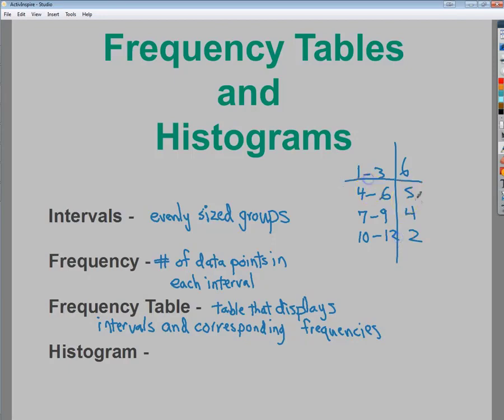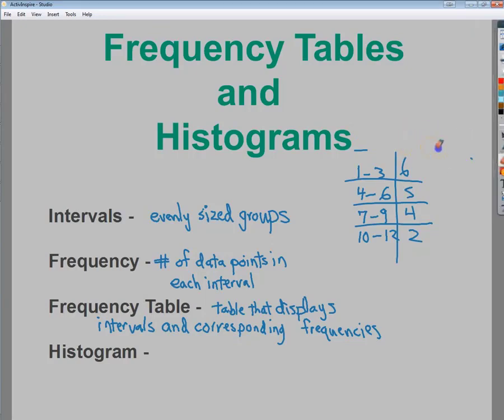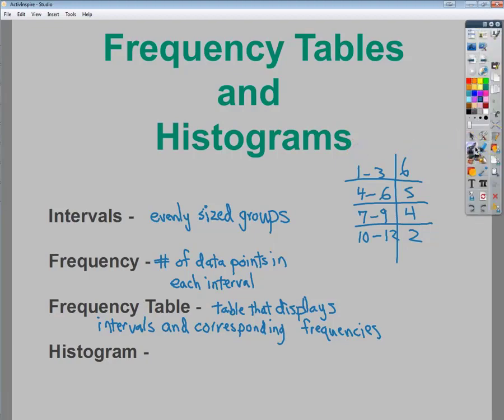Basically, this. If I put what each thing is, so frequency, and then I'm just going to do a generic title here. I don't know what 1 and 3 equal. I was just making it up in my head. So whatever it happens to be, I'll just leave it blank, actually. So the other section should tell you the frequency. So basically, this setup right here is a nice frequency table.